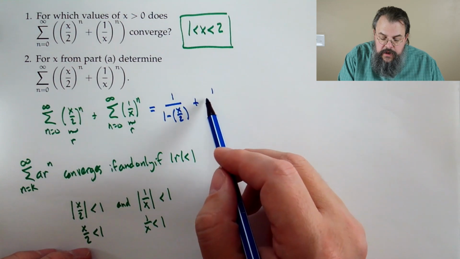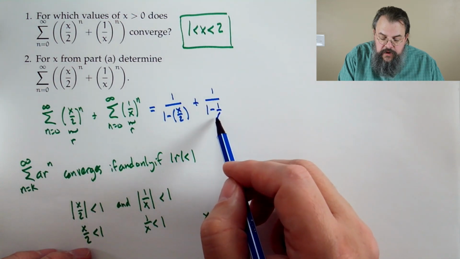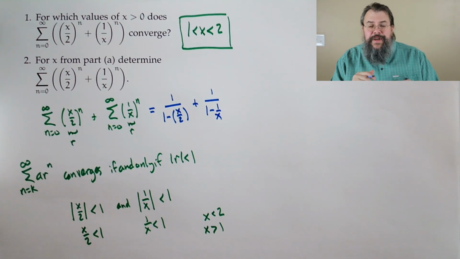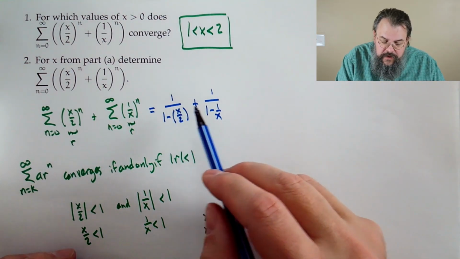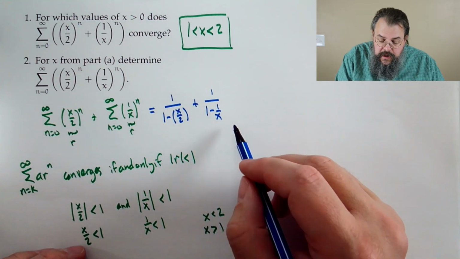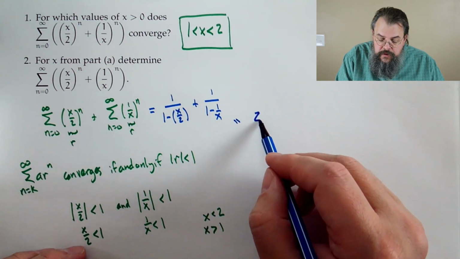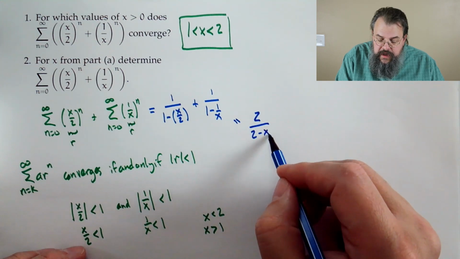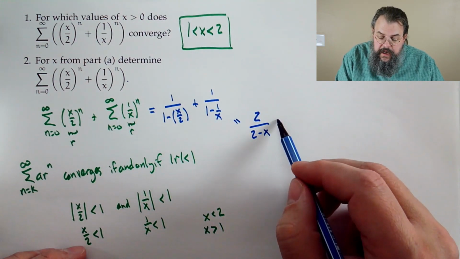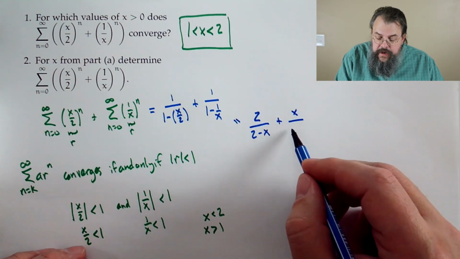The second, 1 over 1 minus 1 over x. All right, well, we can clean this up a little bit. So, for instance, if you multiply top and bottom in the first one by 2, this becomes 2 over 2 minus x. Here, if you multiply by x, you would get x over x minus 1.